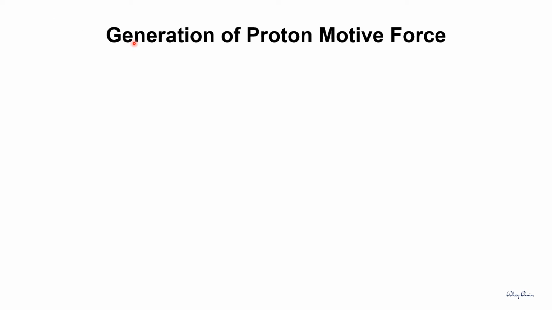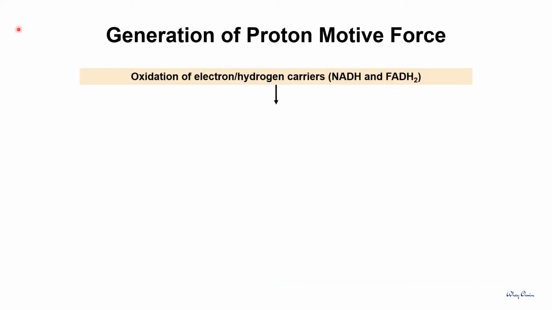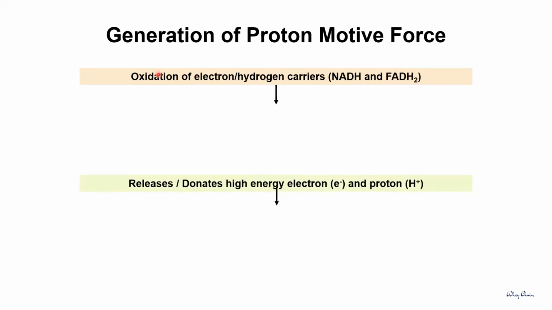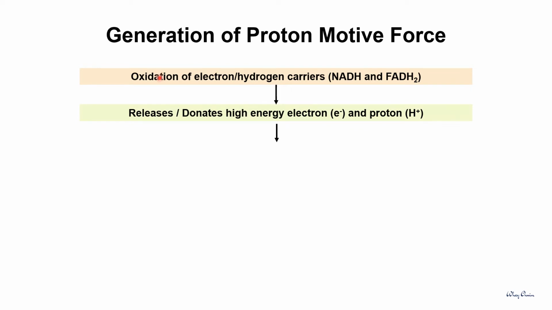Before we study chemiosmosis, which is the last step of oxidative phosphorylation, let us have some idea about the relation between the ETC and chemiosmosis. So during ETC, both electron carriers or hydrogen carriers, which are NADH and FADH2, will be oxidized by passing their electrons to the components of the electron transport chain.